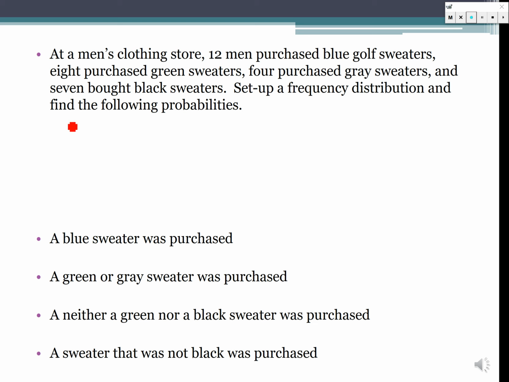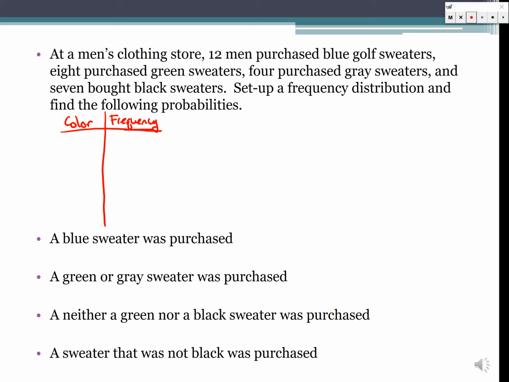You can have color and you can have frequency. Sometimes it just helps. Am I going to make you make a table? No, I won't. But for myself personally, when I'm trying to find probabilities, it's much easier to have all the facts listed out with the frequencies right by them than to try to keep hunting back through the question.